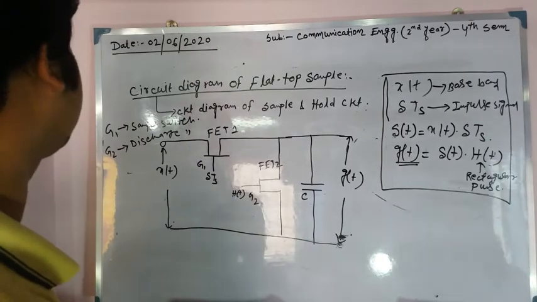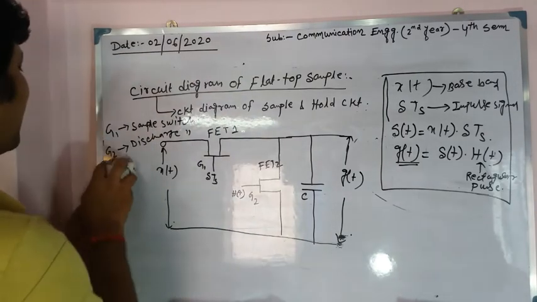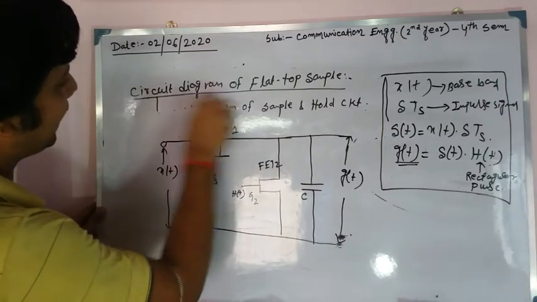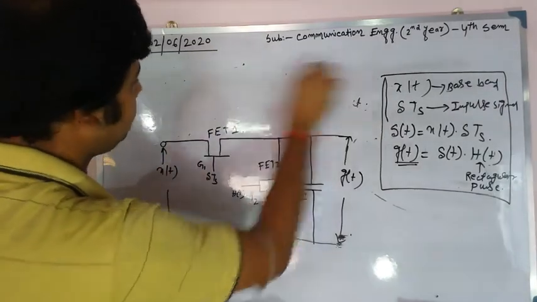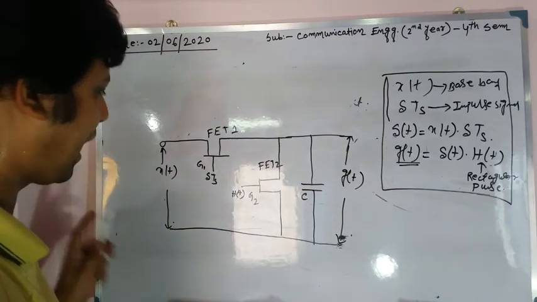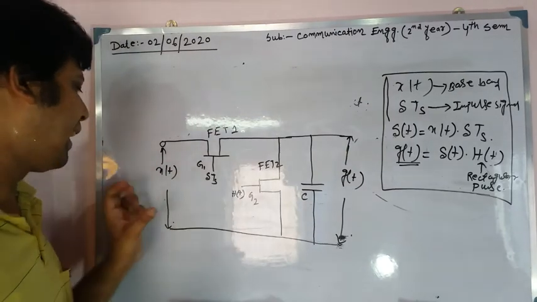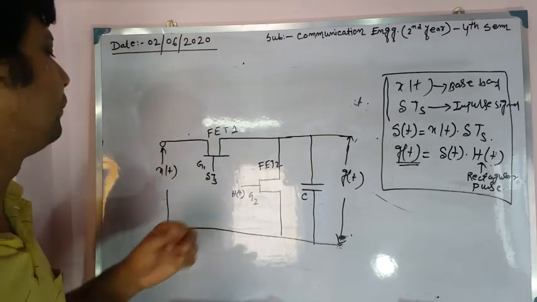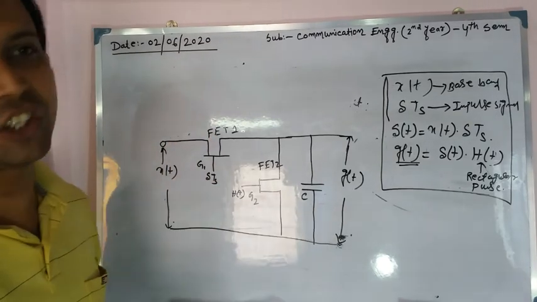When the pulse is applied at G1 and the baseband signal x(t) is applied to the FET, the capacitor is charged.